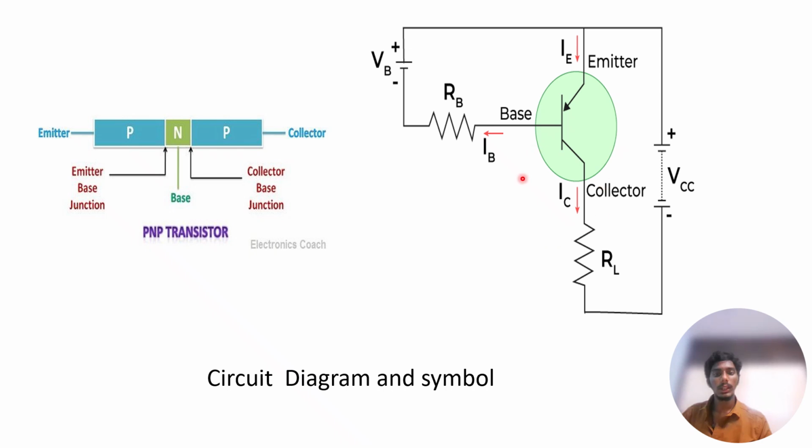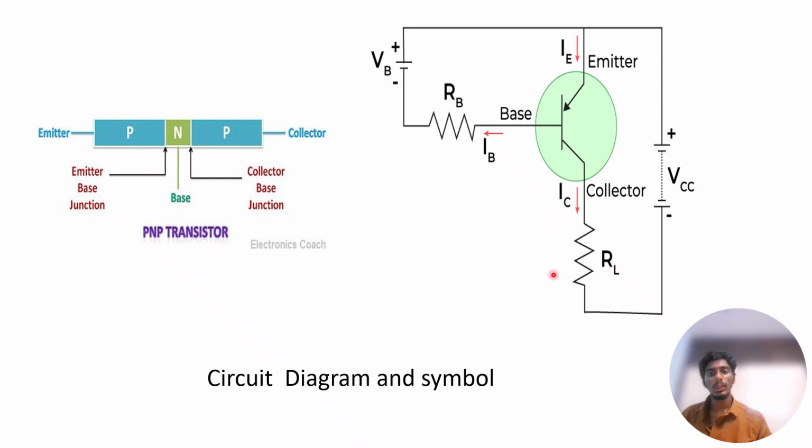This is the circuit diagram of the PNP transistor. This junction is called the emitter base junction, and this junction is the collector base junction.